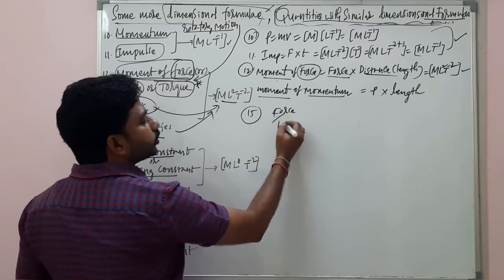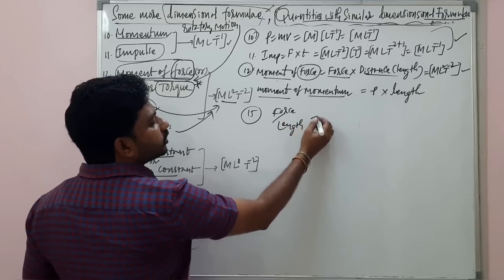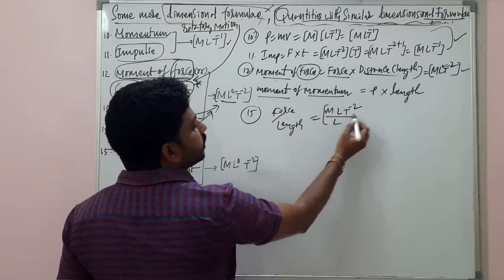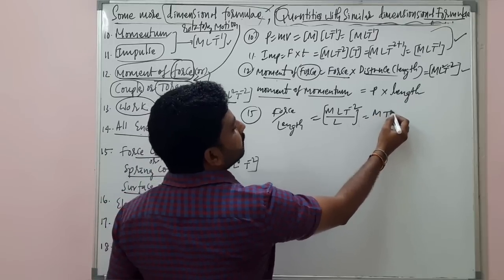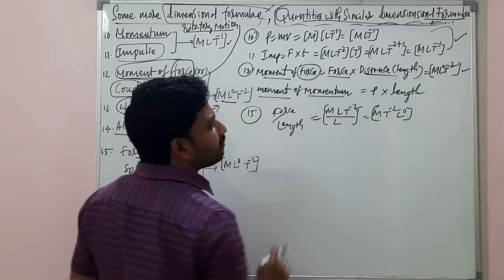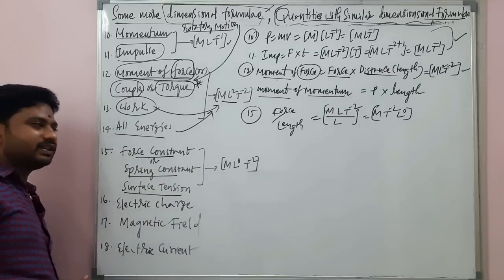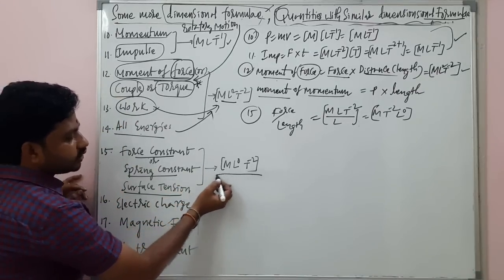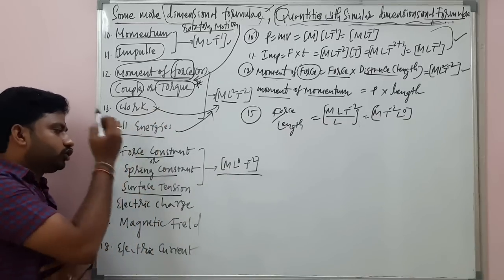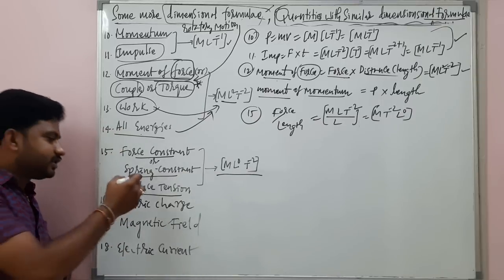Let me write: it is force and it is length. So force per length, force MLT minus 2 by length L. So what do you get? MT minus 2, and L will be 0. No confusions: ML 0 T minus 2. See here, ML 0 T minus 2. Force constant, spring constant, surface tension.